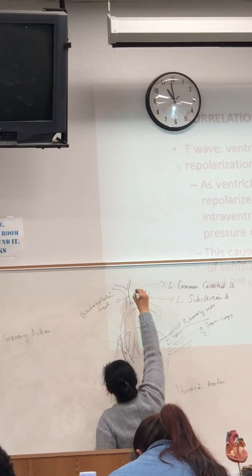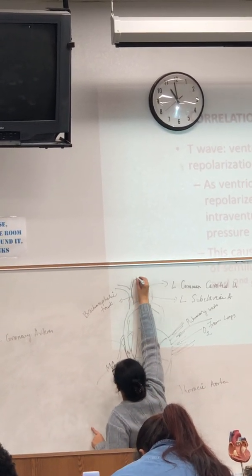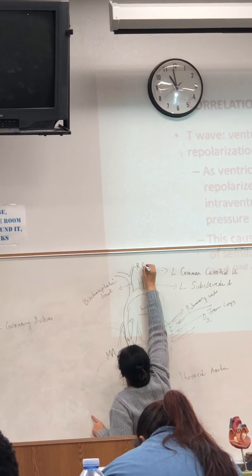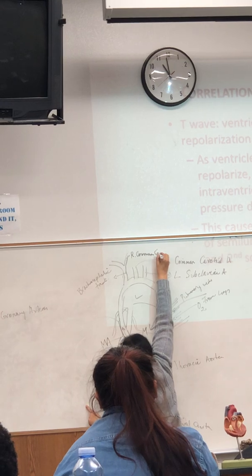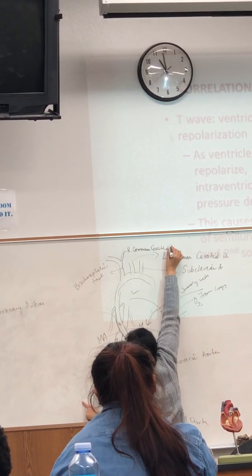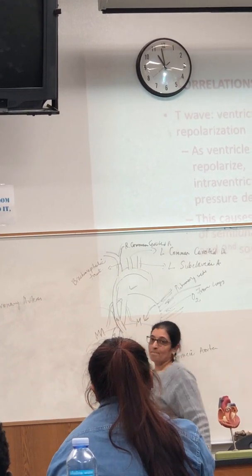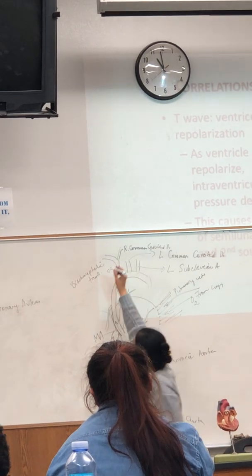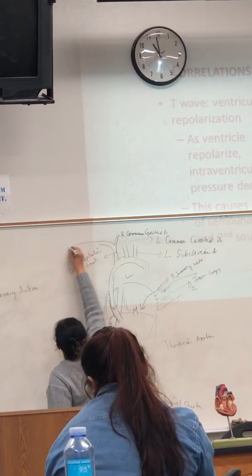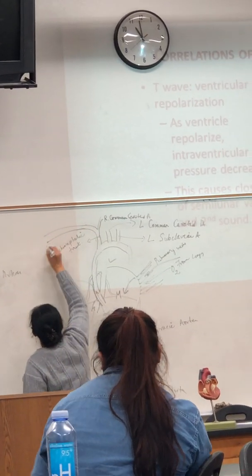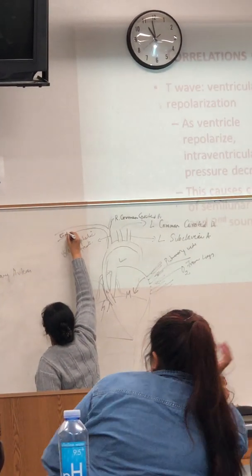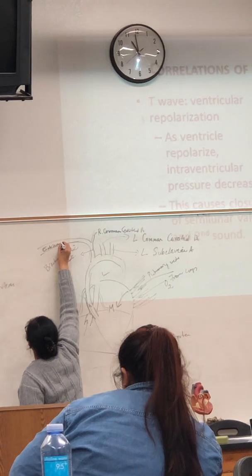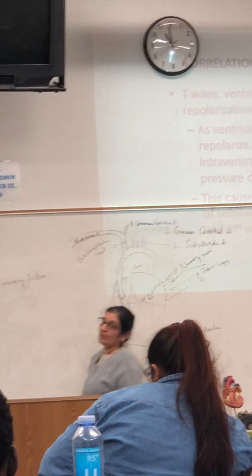So this branch is the right common carotid artery. And this branch, which I'm going to draw, is the right subclavian artery.